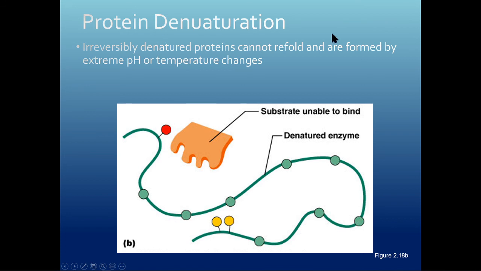So denaturing a protein means we've changed its shape. Things that can change a protein's shape are things like temperature changes and pH changes. Sometimes chemicals can denature proteins. So that's one reason why your body needs to keep these things within very close parameters.